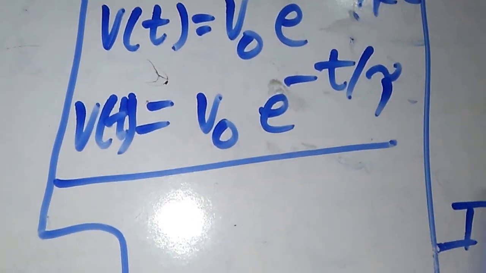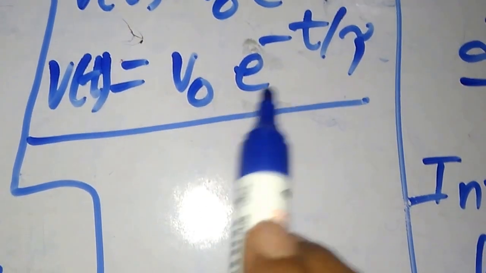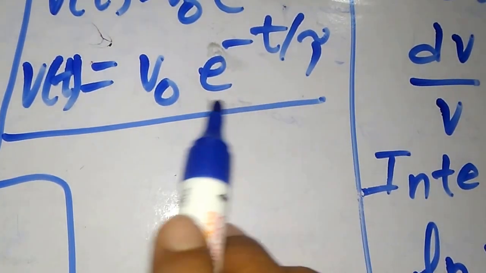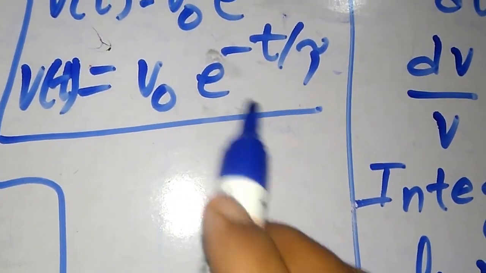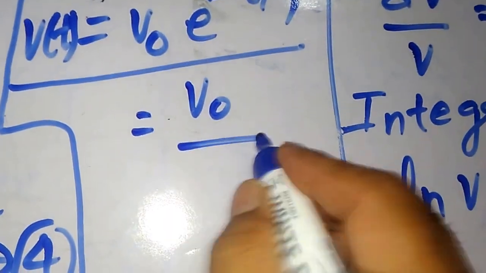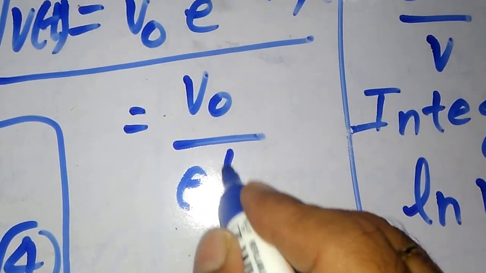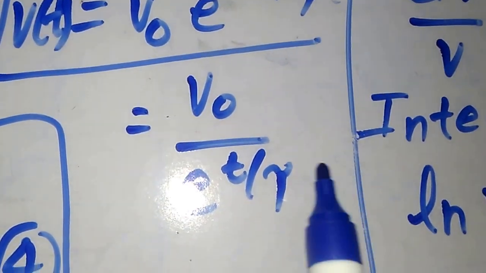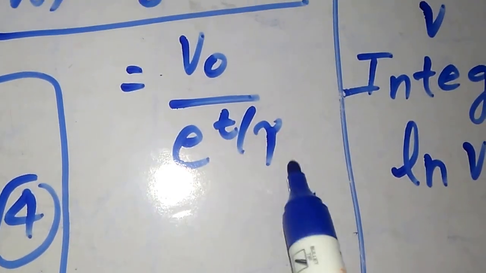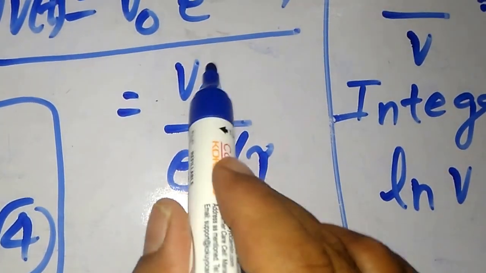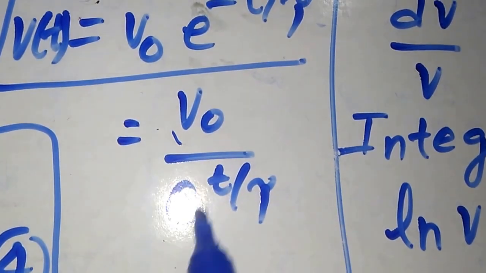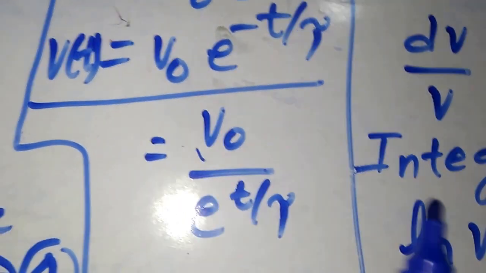If you observe this, you can say that the voltage across the capacitor has an exponential decay. What does this exponential decay mean? You can write this expression as V naught by e power t by tau. So as time progresses, and if you express t in terms of tau, the initial voltage V naught decreases by a factor of e power t by tau.